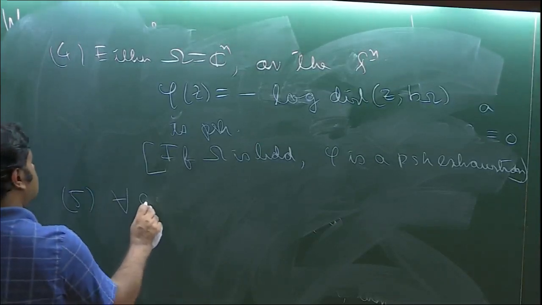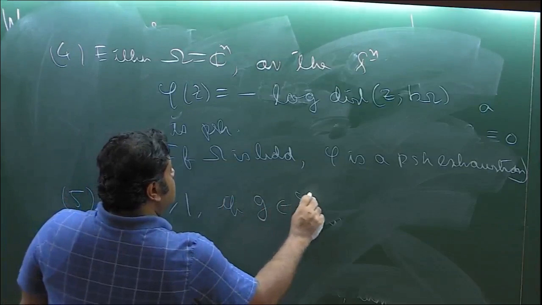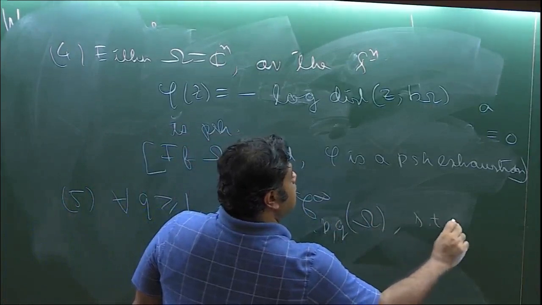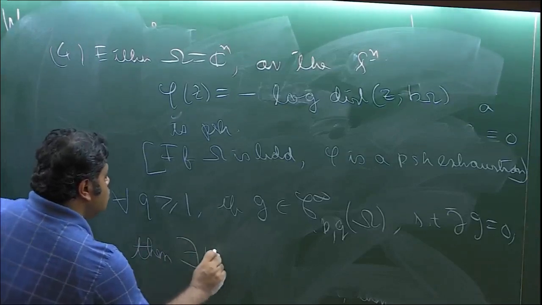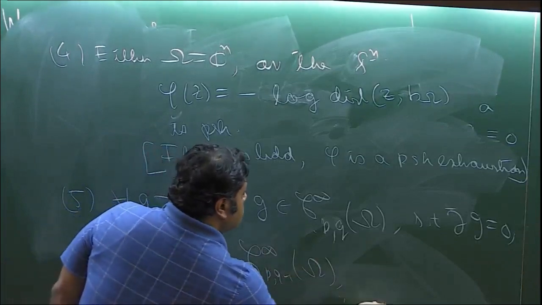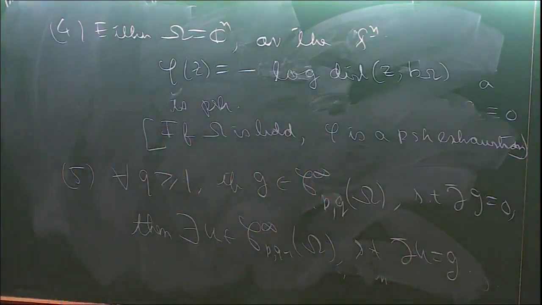So for all q greater than or equal to 1, if G is a smooth p,q form on omega such that d bar G is 0, then there exists U which is a smooth p,q minus 1 form on omega such that d bar U equal to G. So the Debraj problem can be solved in arbitrary degree for arbitrary data.